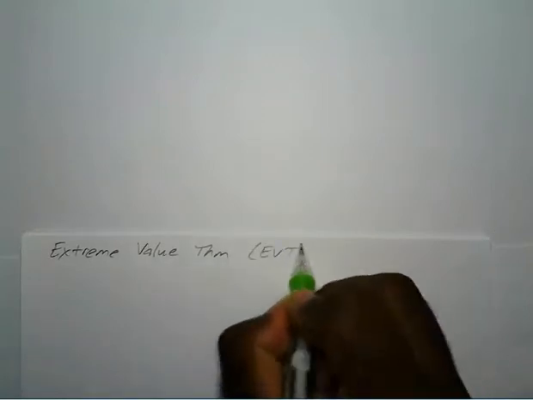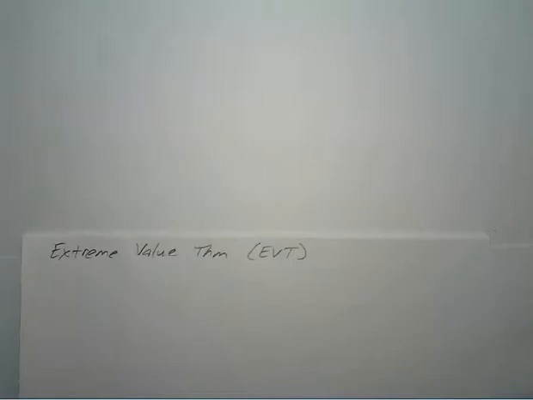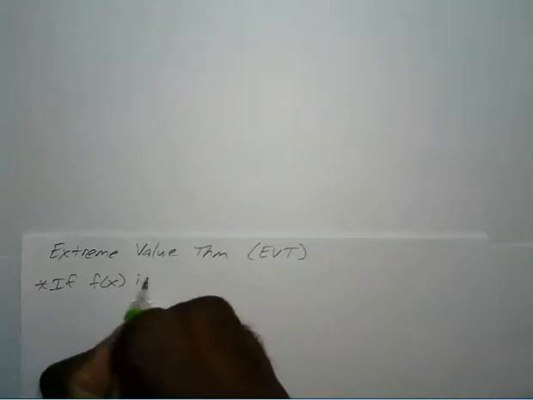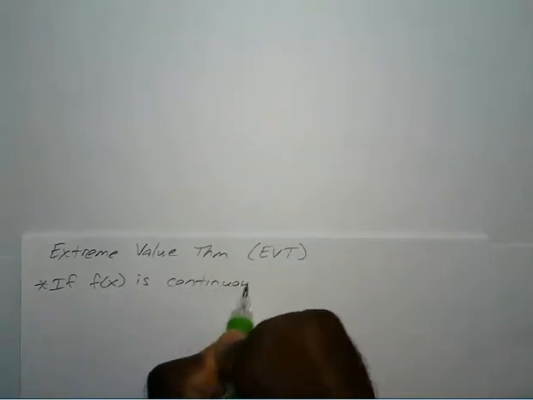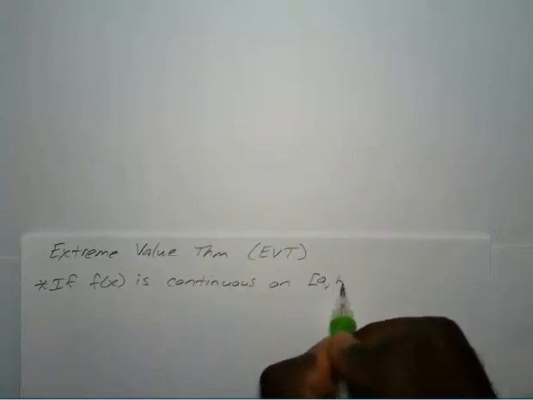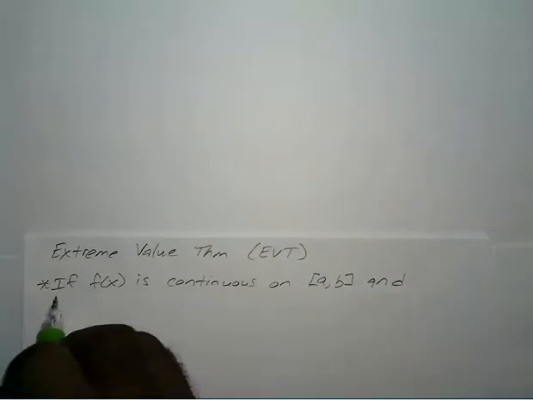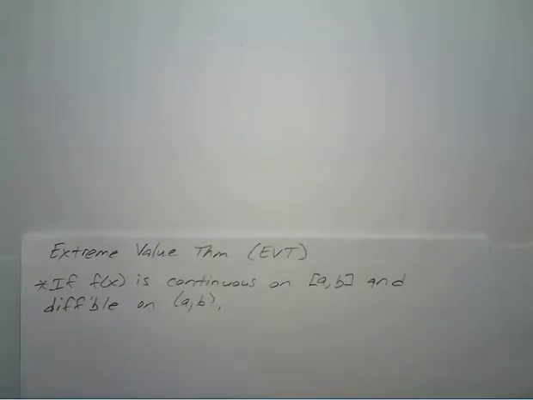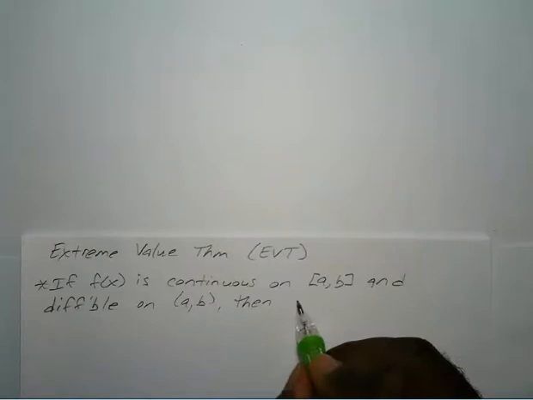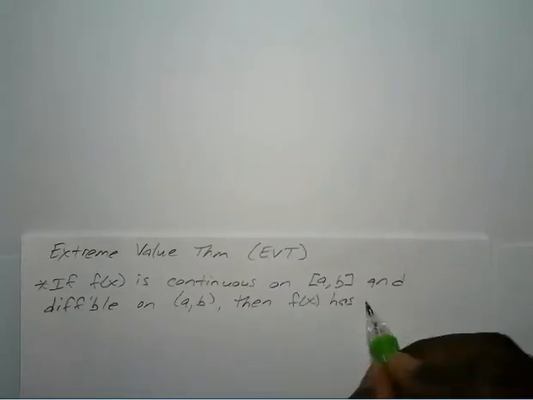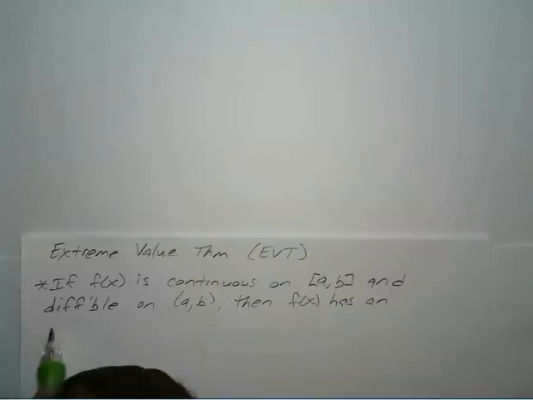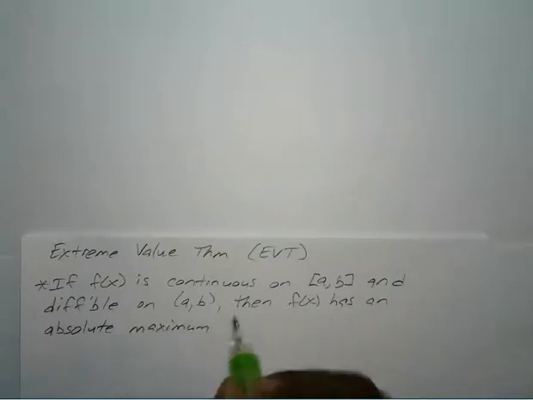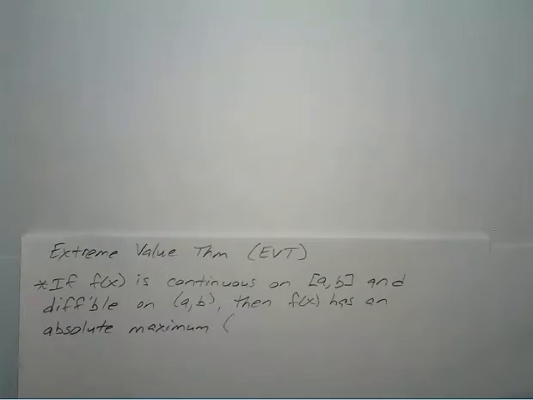Or EVT. Okay, so I gave you kind of an idea, but no exact definition. So if f of x is continuous on a closed interval from a to b and differentiable on an open interval from a to b, then f of x has an absolute maximum, which really is just another way of saying your largest y value.